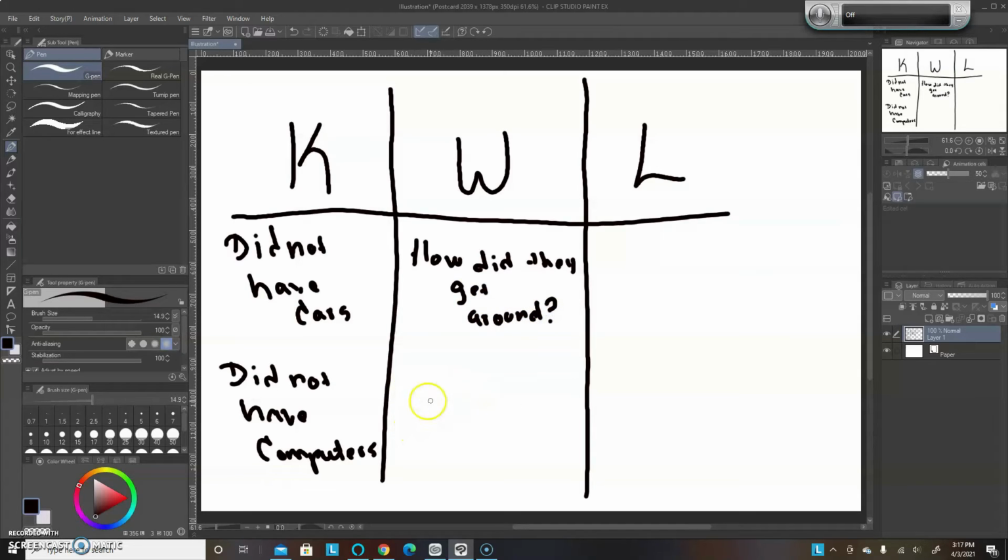And maybe the students wonder, how did they communicate? So, and then we would set these two columns up at the beginning of the thematic unit, and more things can be added as we go.